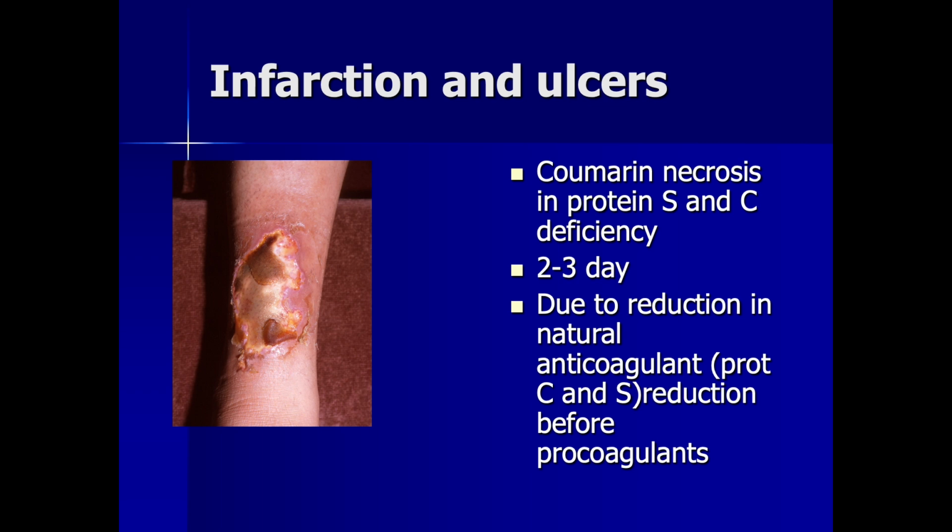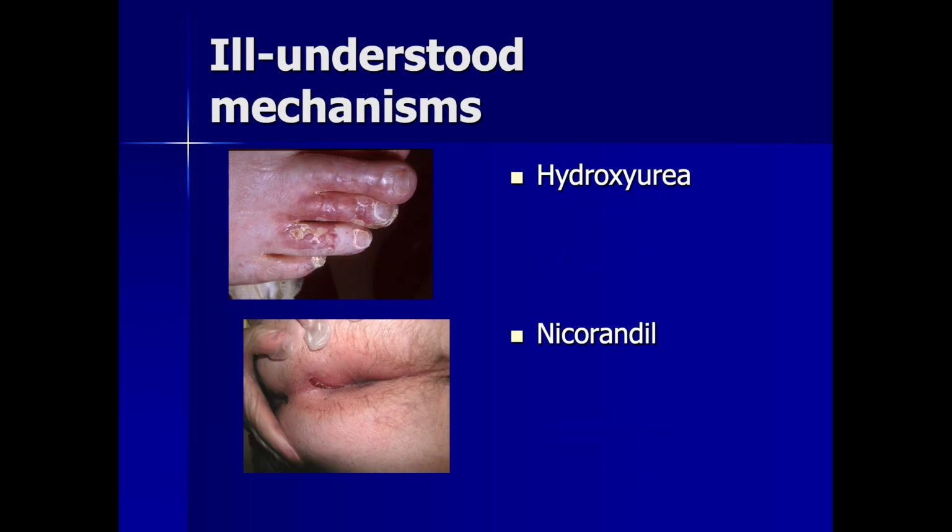This is due to the rapid reduction in natural anticoagulants which occurs on initiation of warfarin, and you get natural anticoagulant levels dropping before you get reduction in the procoagulants. So there's a temporary period of hypercoagulability, and this is called coumarin necrosis. Mercifully, these days it's relatively uncommon because you don't see it with the new oral anticoagulants, but it's something to be aware of and on the lookout for.